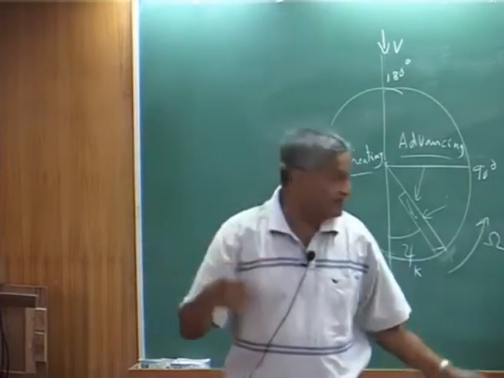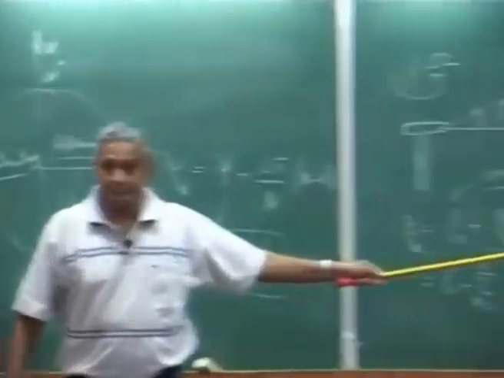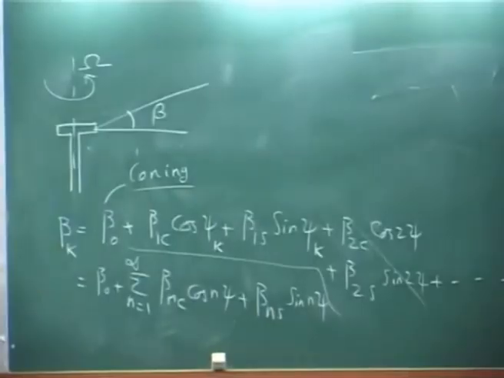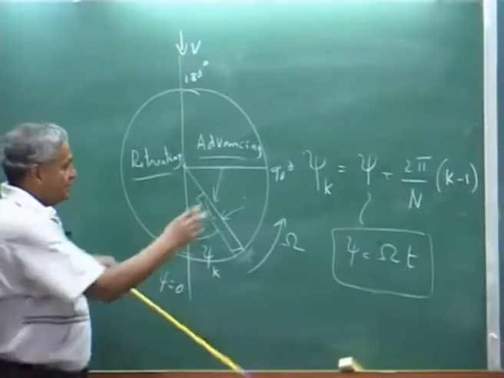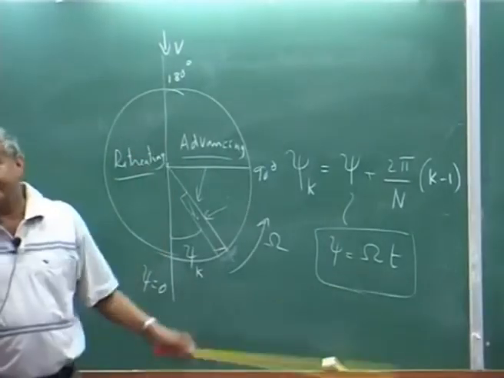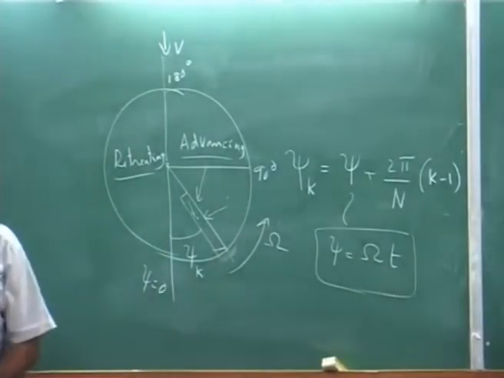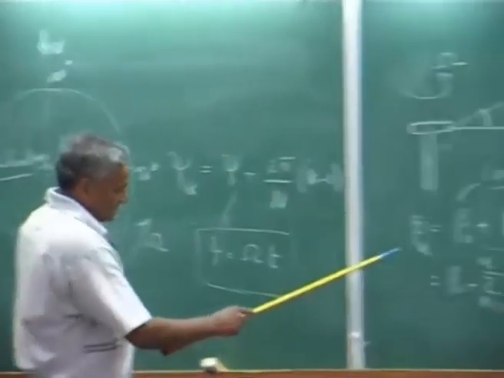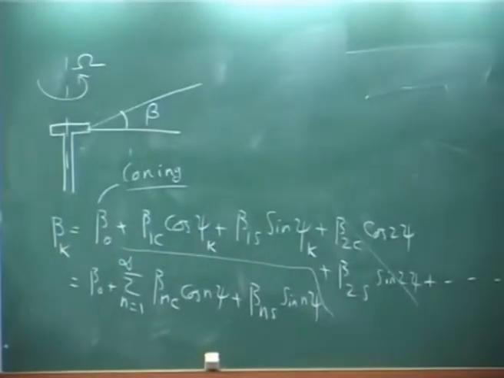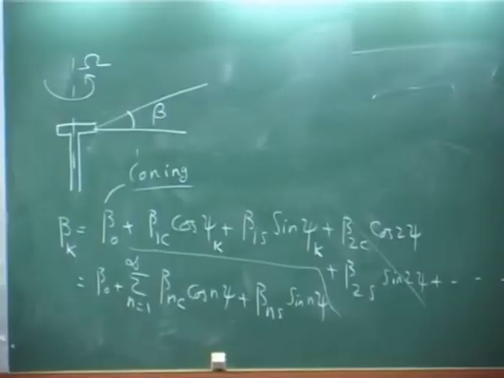But 1S represents the tilt in the lateral direction, because here it is up, here it is down. Now essentially what this represents is these three quantities, only the three quantities, the orientation of the disc.